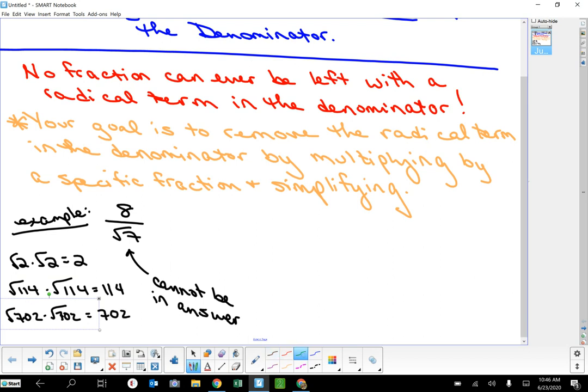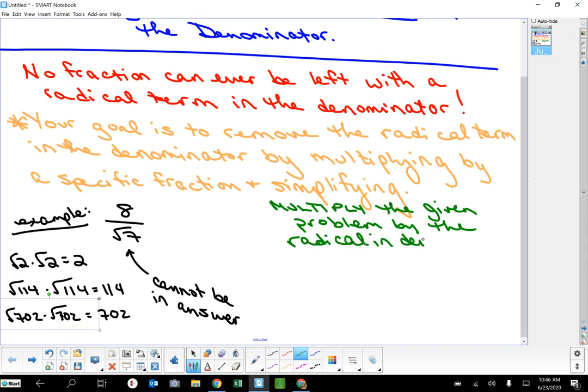So what we're going to do here is multiply the given problem by the radical in the denominator over itself.